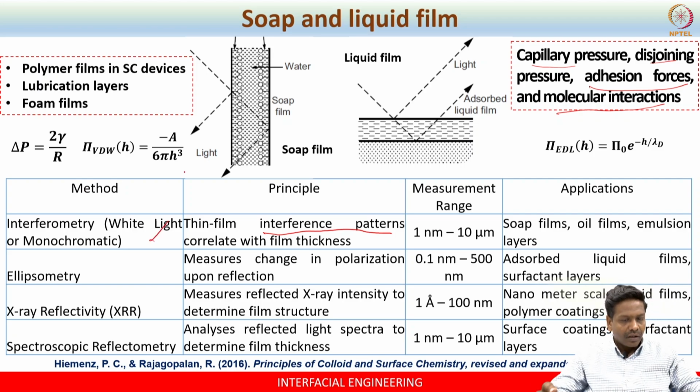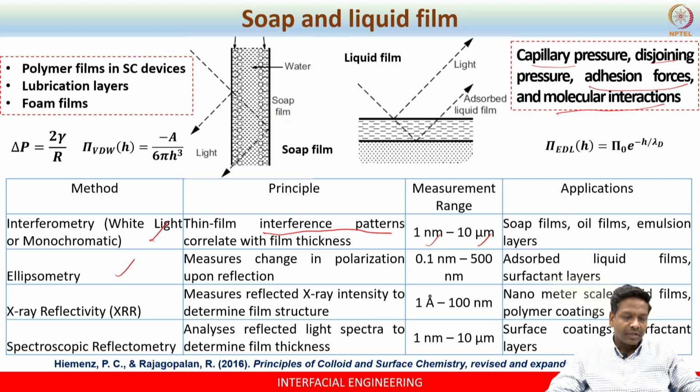This is applicable in the range between 1 nanometer to 10 micrometer. In the case of ellipsometry, what we basically do is we measure the change in the polarized light of reflected light.